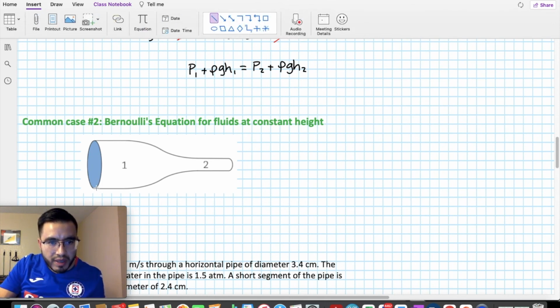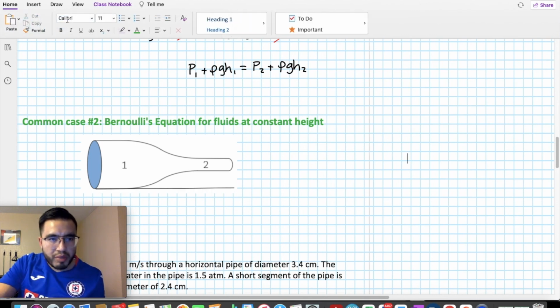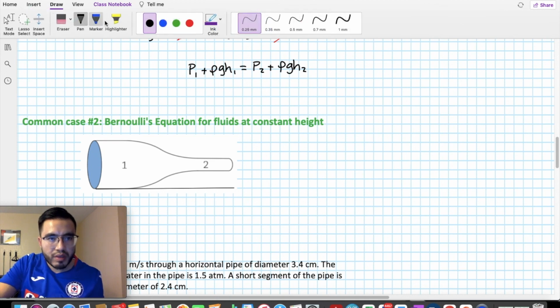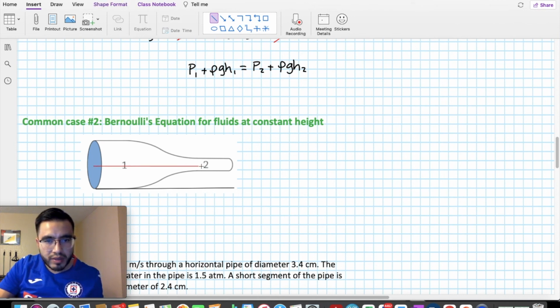This is my reference line. It'll be here exactly at this point. There you go. And I'm going to pick a velocity. Well, let me draw the line first, right? Because that way I know they're at the same height. So I'm going to draw a line here. There you go.